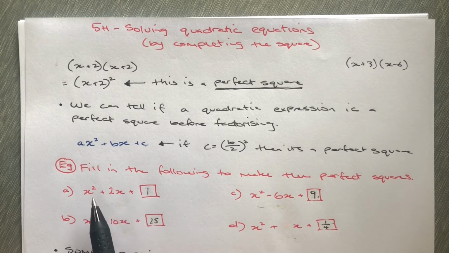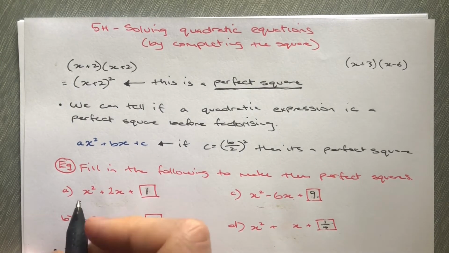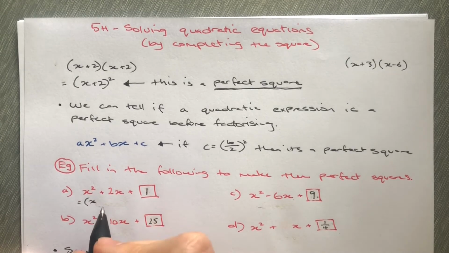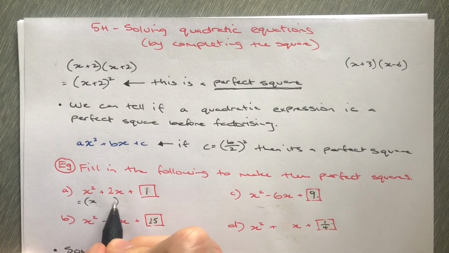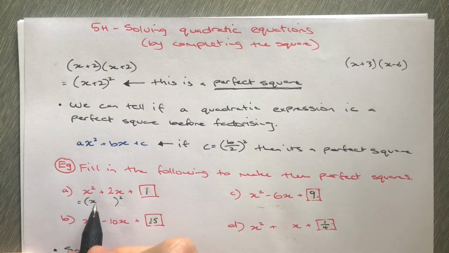if you recognize a perfect square, it's very, very easy to factorize that. Now the way I like to do it is it's always just going to be x at the front here. It has the form x plus or minus something and then squared like that. The way you know whether it's a plus or minus in this spot here is if it's a plus there, it's a plus.